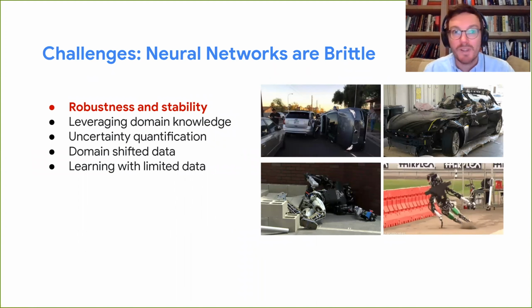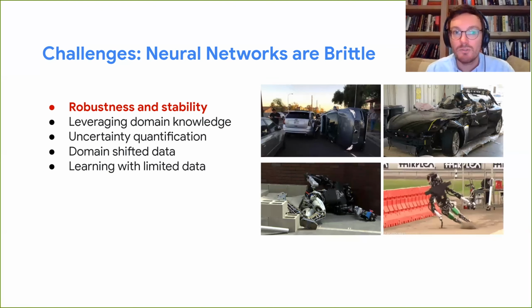Well, we all know that neural networks are brittle and relatively sensitive to a range of adversarial environments. And this becomes an issue as we start to deploy such models in real-world applications such as self-driving cars.